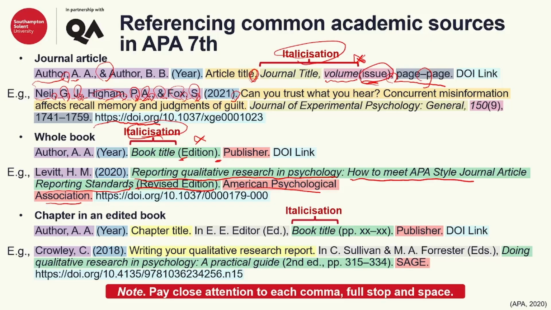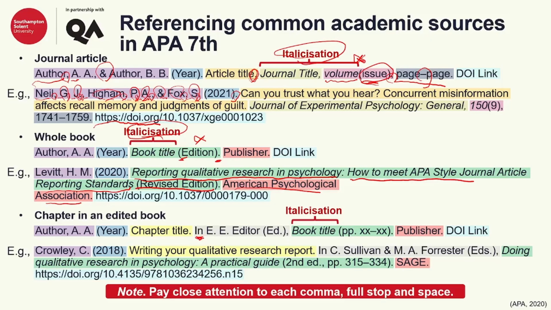The yellow section shows the title of the chapter, like an article title. A chapter title uses sentence case and is not italicized. After the chapter title, write the word In.